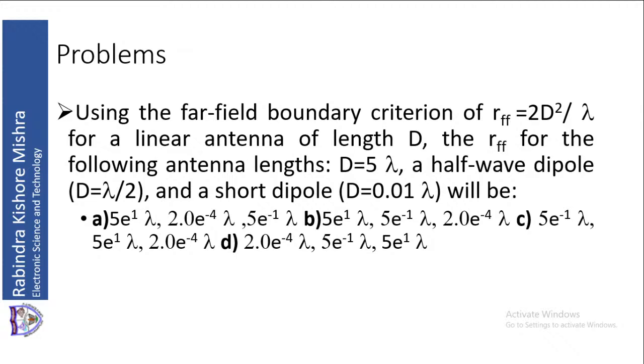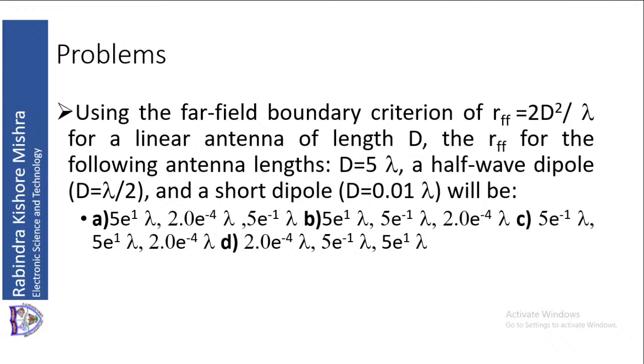So this is a take-home problem. You will calculate, using the far field boundary criterion of R_FF equal to 2D square by lambda for a linear antenna of length D, the R_FF for the following antenna lengths.